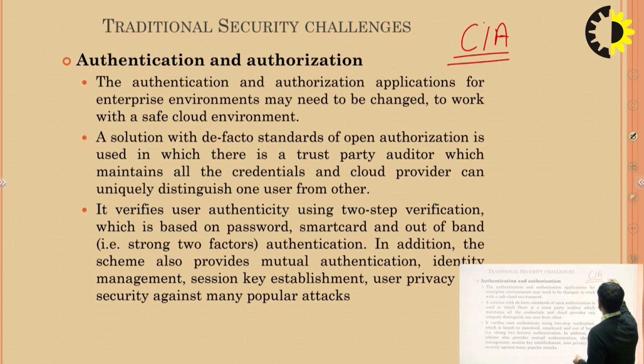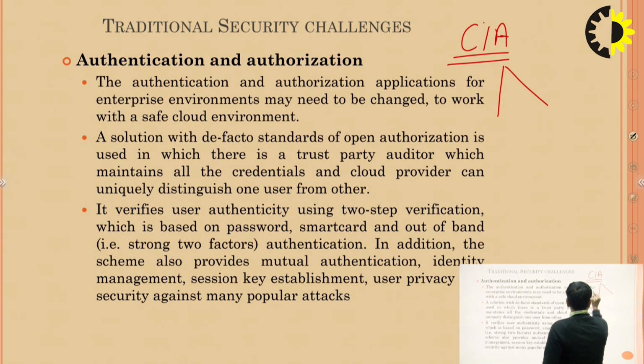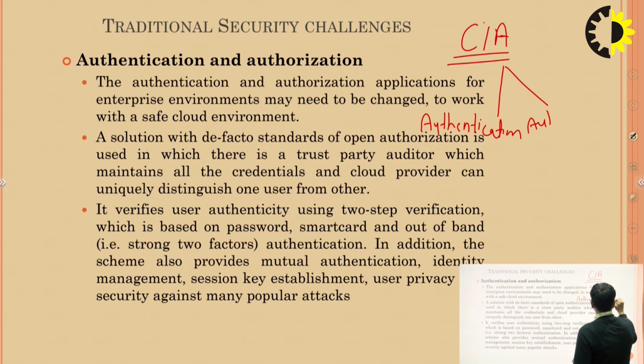Along with this CIA, there are a number of other parameters also that you have to take care of when we talk about cloud security. Like with CIA: authentication, authorization, non-repudiation.